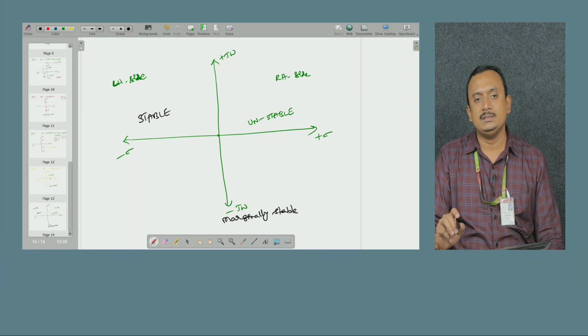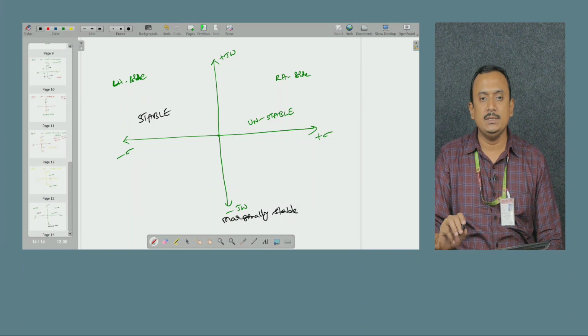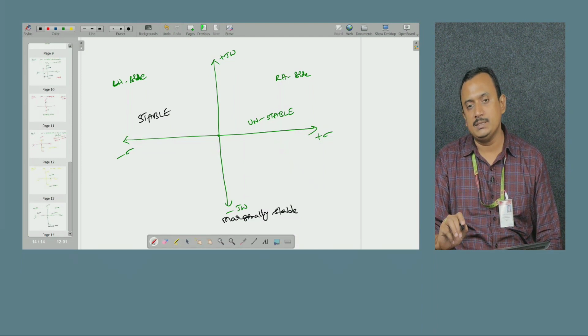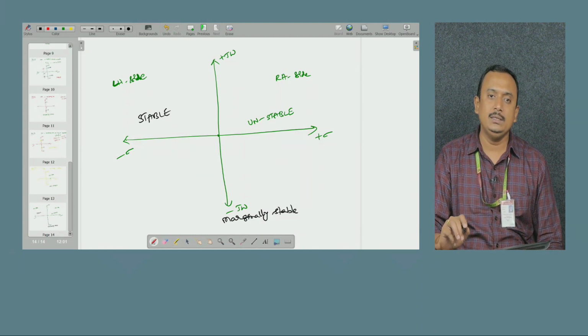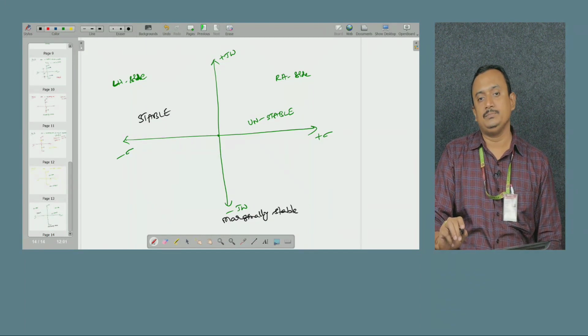And the second one is, if I find all the poles are lying on the left hand side of the S plane, I can say the system is stable. The next one is, if the poles are negative and complex conjugate, then also we can say the system is stable. Now if the poles are purely imaginary, lying on the imaginary axis, then we can say the system is marginally stable.